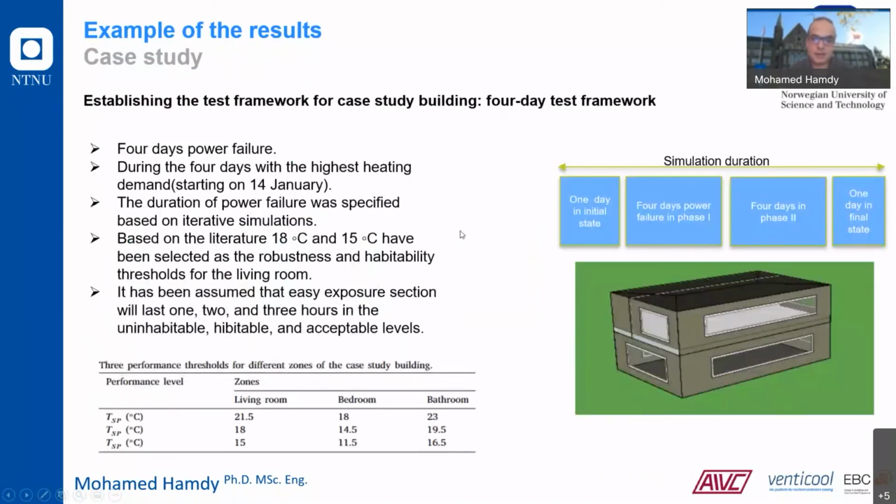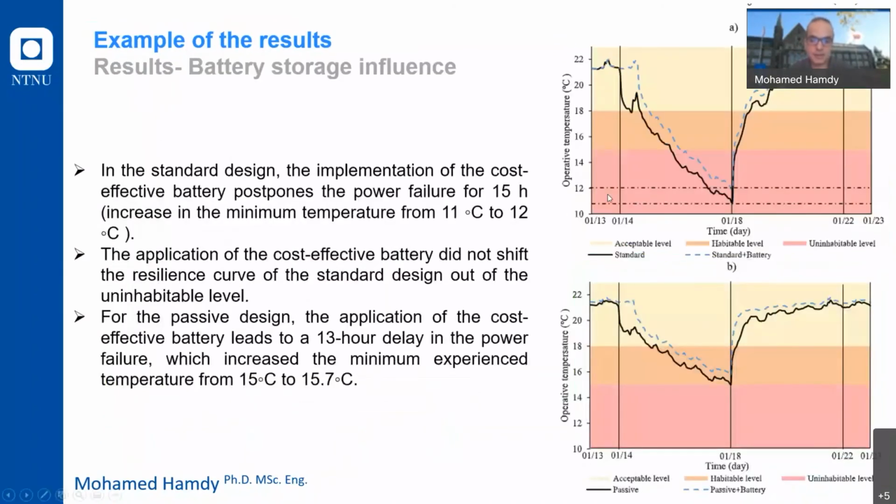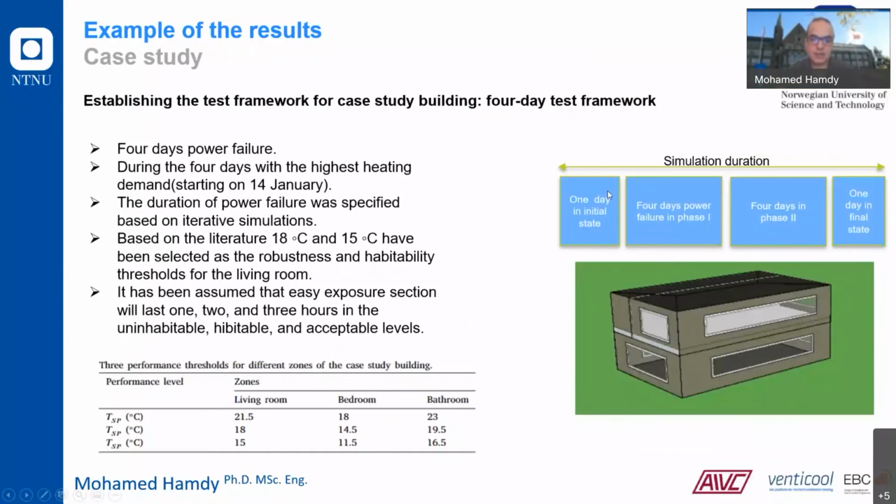Here we applied this approach to a case study of a single family house. The first phase was 1 day, and we made the framework 4 days, 4 days, and 1 day, considering 4 different phases of resilience. We did it this way as a test framework, a test benchmark for different buildings.